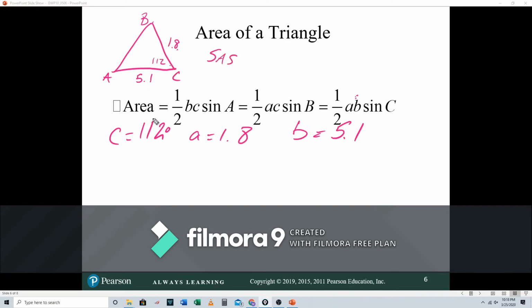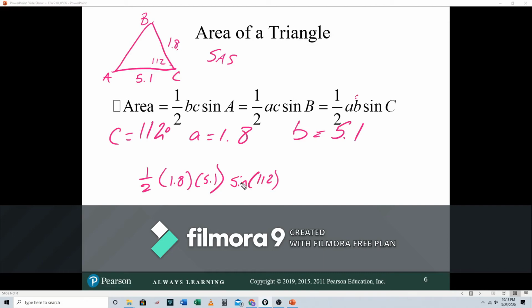We can use this formula, which is 1/2 the product of the two sides, 1.8 and 5.1, times sine of the angle, sine of 112.